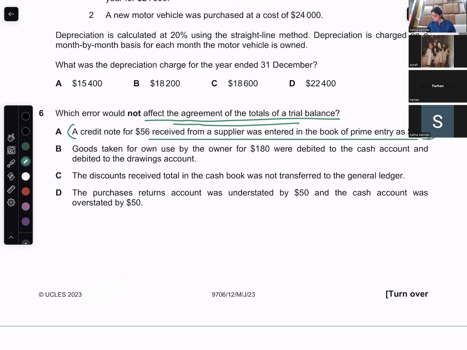It's basically a wrong amount entered in the books. Was the double entry done? No. Read properly.